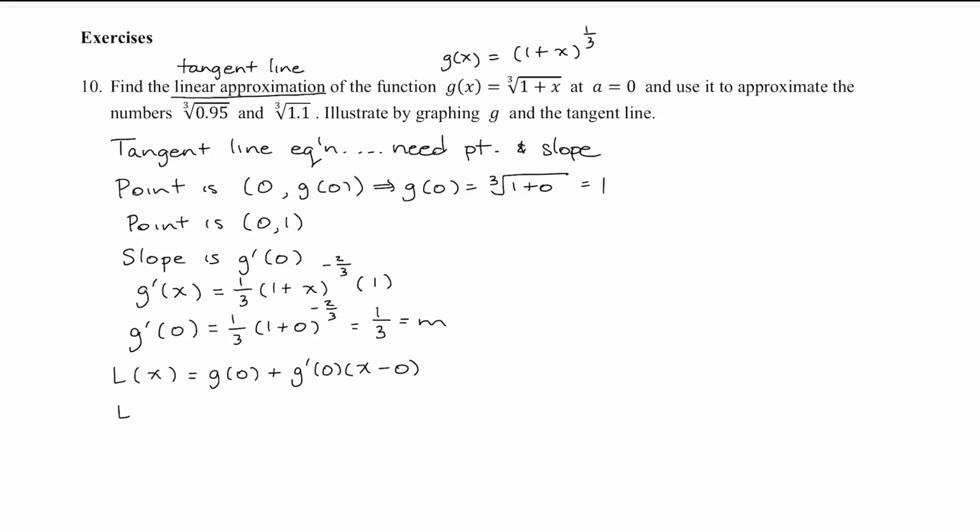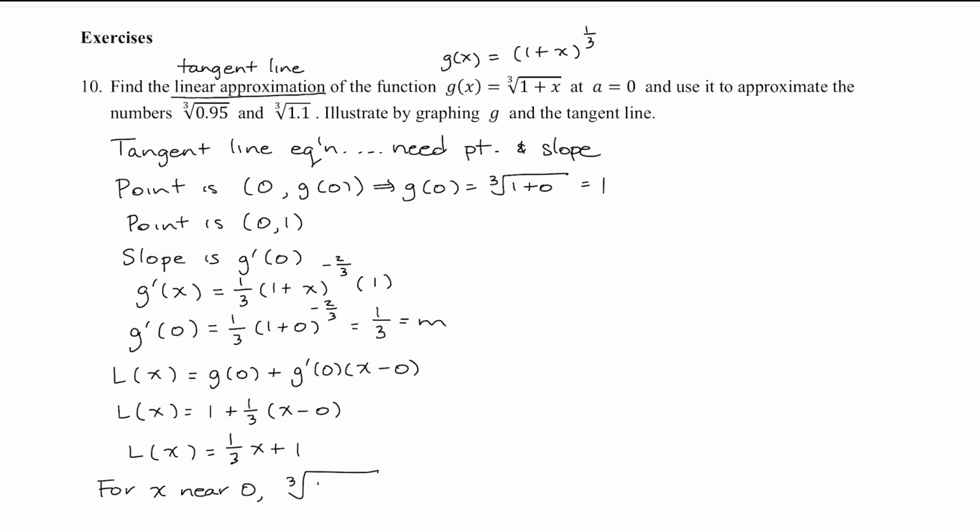That's equivalent to the earlier forms we saw on the handout, f of a plus f prime of a times x minus a. So in this case, my g of 0 is 1, g prime of 0 is 1/3, and of course x minus 0 is just x. So I don't really have to write the minus 0 anymore, but I'm going to write this in simplest form anyway. That is 1/3 x plus 1. So I put it in mx plus b form.